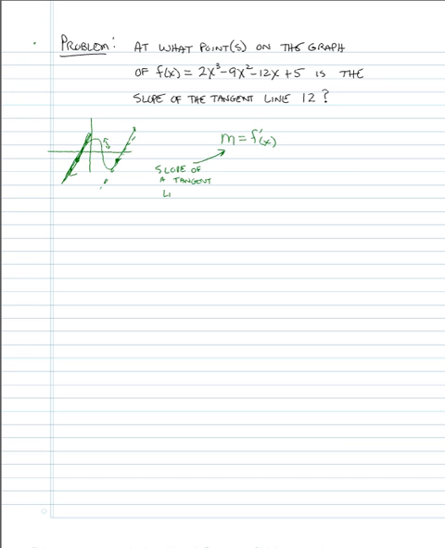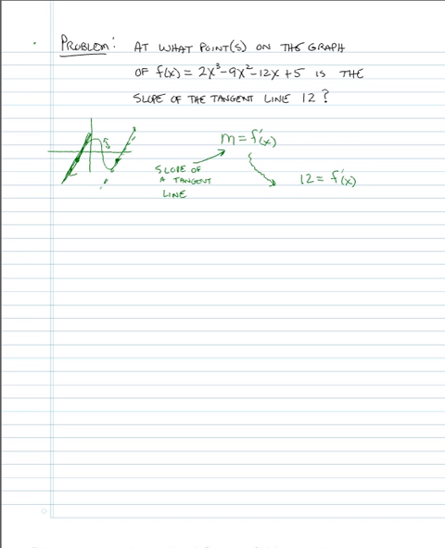Slope of a tangent line. So that really tells us that what we're looking for is a slope of 12, and so we're looking to find out when the derivative is equal to 12. The slope is 12, and the derivative calculates the slope, so we want to know when the derivative is 12.